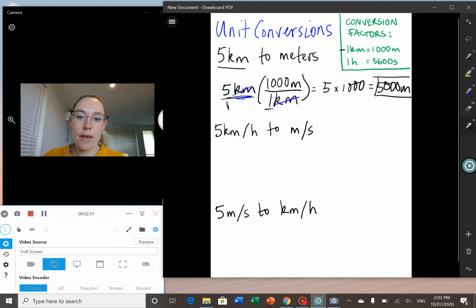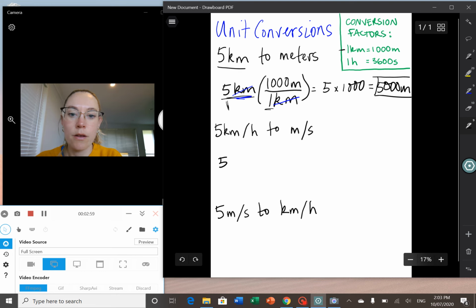The second example, converting 5 kilometres per hour to metres per second, we're going to start off the exact same way. We're going to start off by writing out the unit that we've started with, and I'm going to write it out a little bit differently. I'm going to put my kilometres as the numerator and my hours as the denominator.